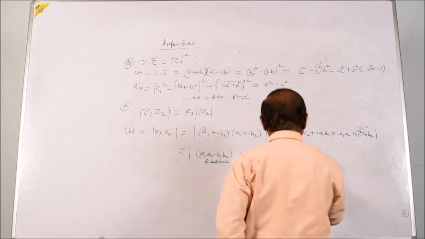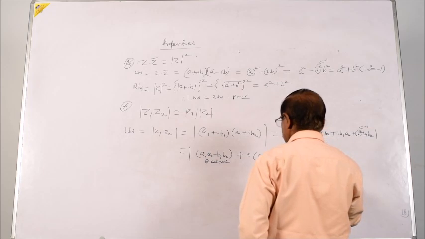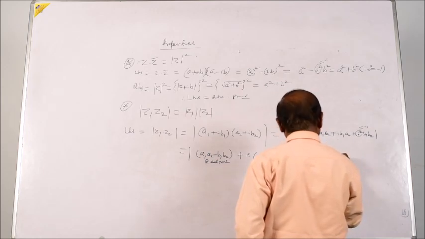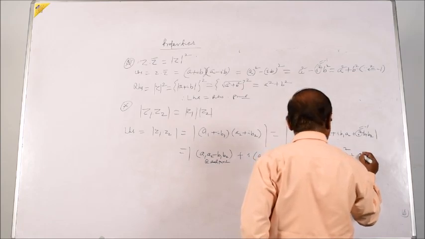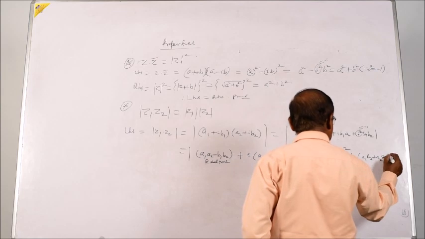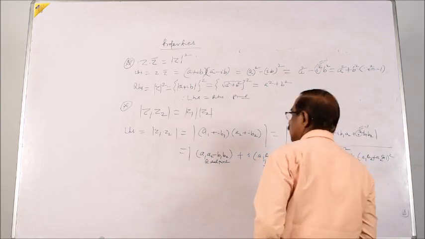You know the modulus, that is the square root of a1 a2 minus b1 b2 whole square plus a1 b2 plus a2 b1 whole square.